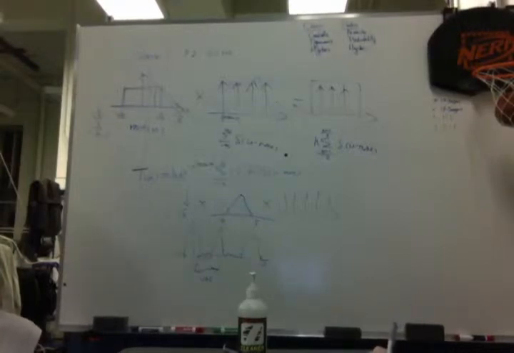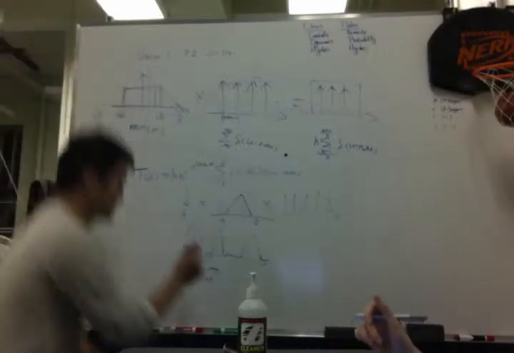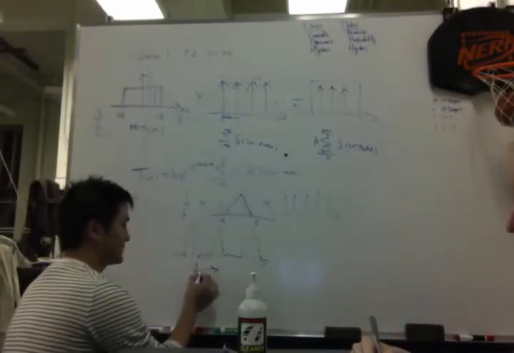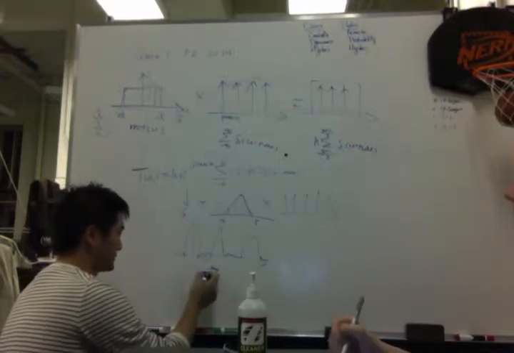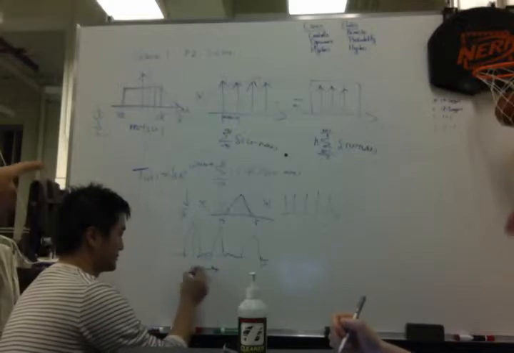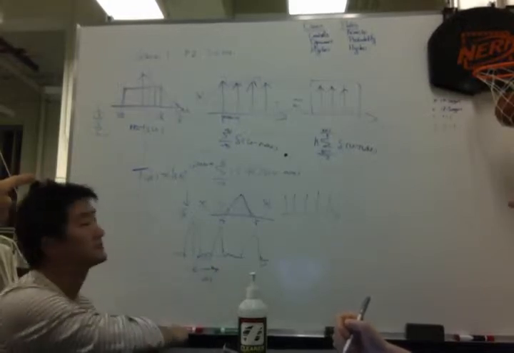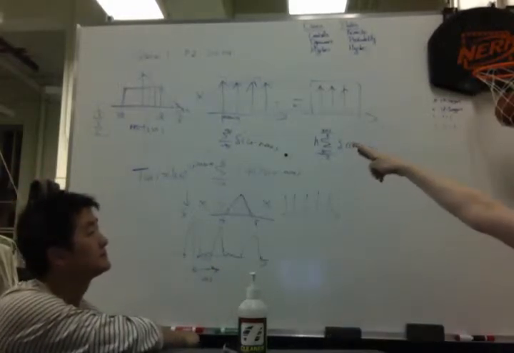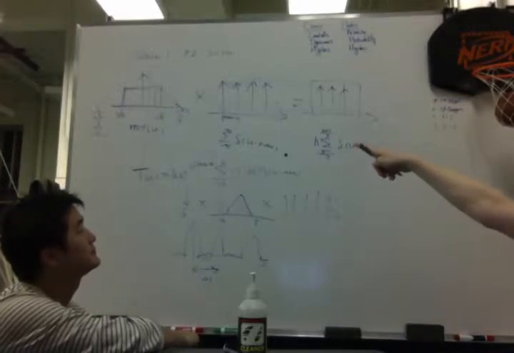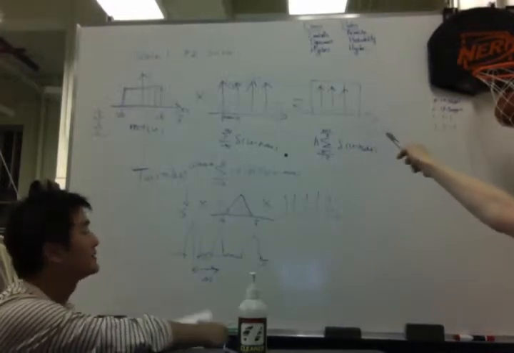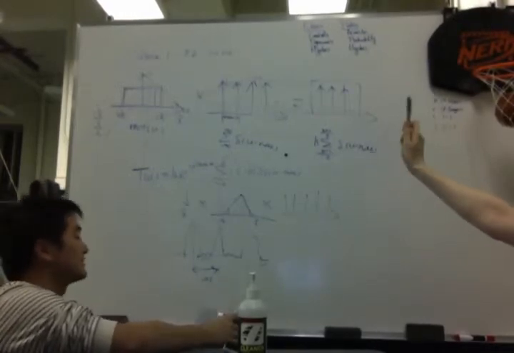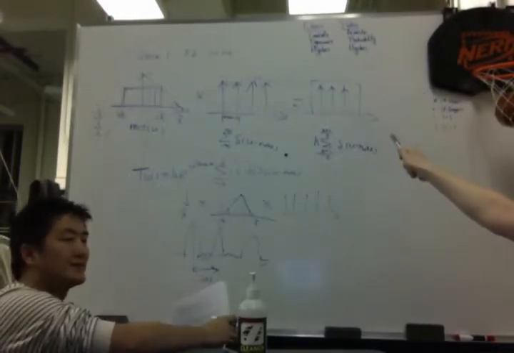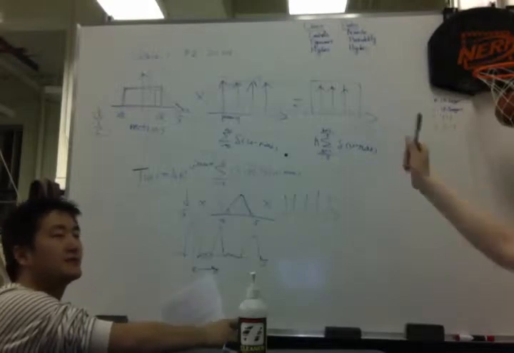What's the distance delta S between two grating lobes? So delta S is 1 over delta U. What's delta U? 1. So 1 over delta S is 1.